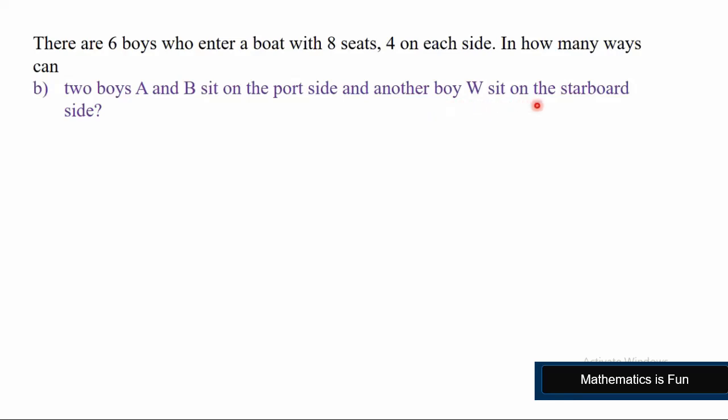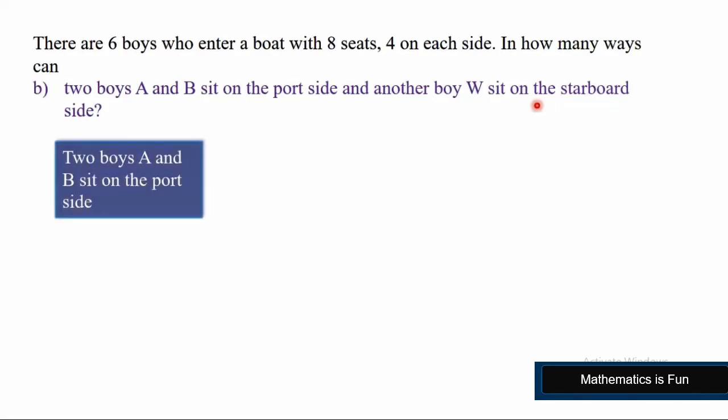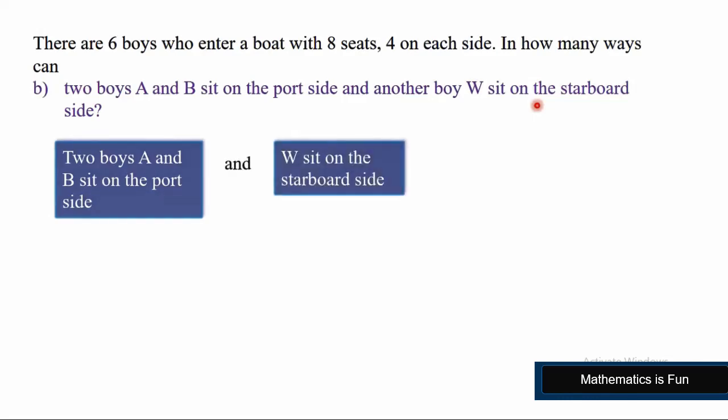So now here there are restrictions on some of the boys: 2 boys A and B would sit on the port side and another boy W would sit on the starboard side, and the rest of the boys can sit anywhere in the remaining places.